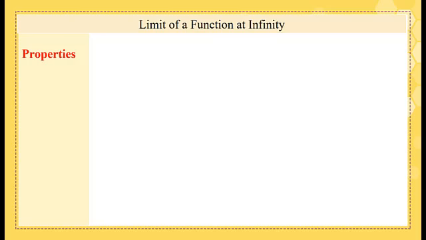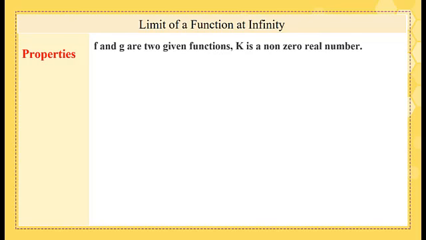First, let us talk about the properties of limits. Suppose we have f and g are two given functions where k is a non-zero real number. A can designate plus infinity, minus infinity, or any real number.